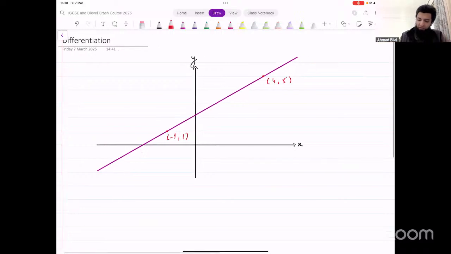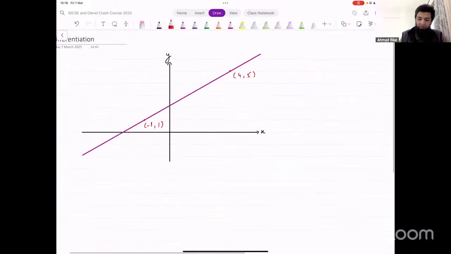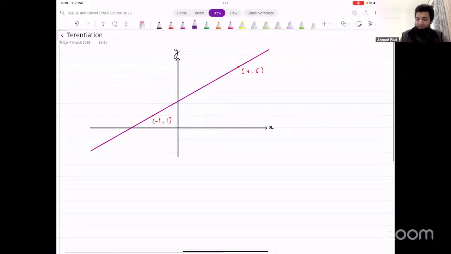Now, if I were to find the gradient of this line, I can use y2 minus y1 over x2 minus x1, right? This is x2 and y2, and this is x1 and y1. Using the gradient formula, y2 minus y1 is 5 minus 1, divided by x2 minus x1, which is 4 minus (-1), that's 4 plus 1, so that's 4 over 5.